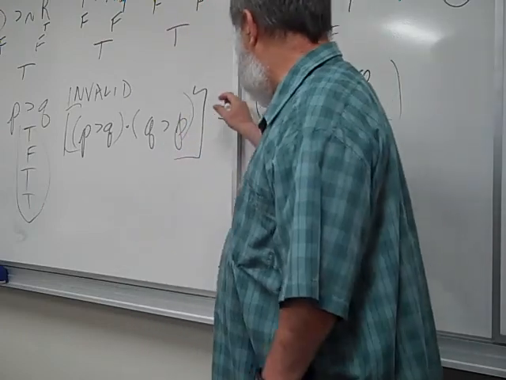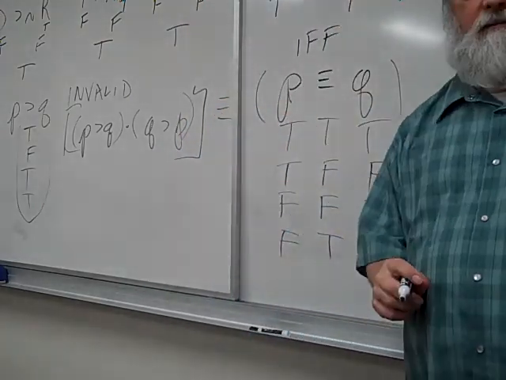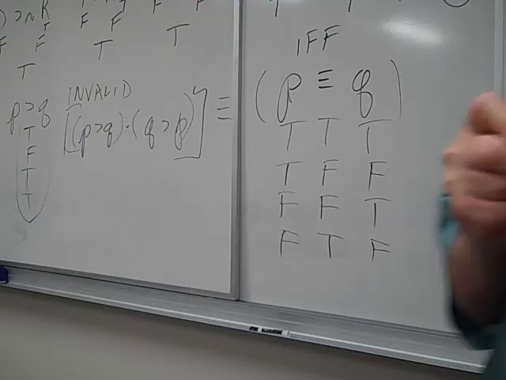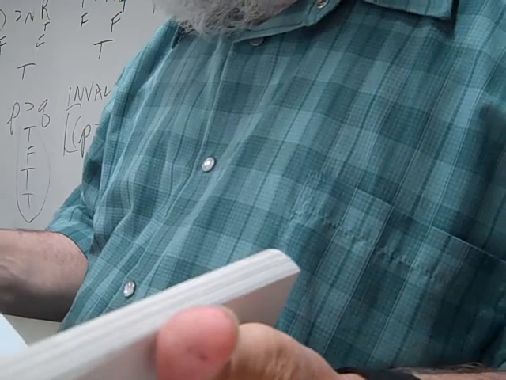Which is cool, because you could use equivalence to reflect the equivalence. It's kind of a meta-meta, I suppose. If P then Q, and if Q then P, is equivalent to P if and only if Q. Did I read that right?